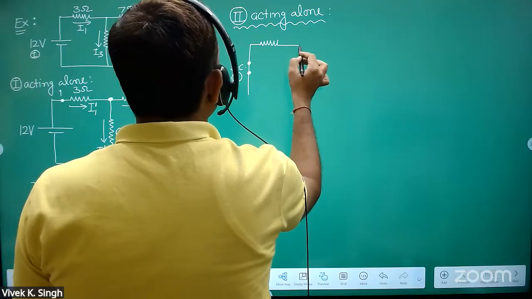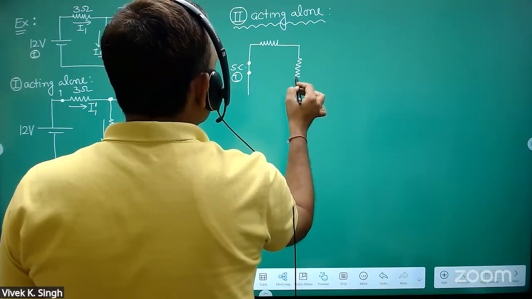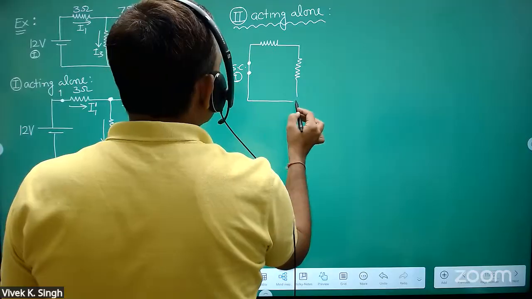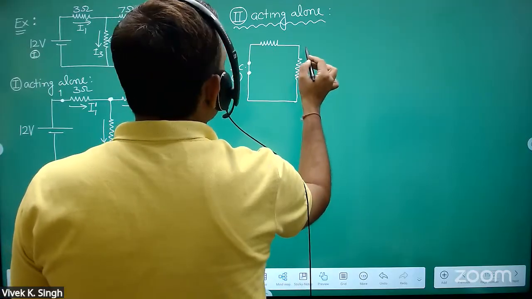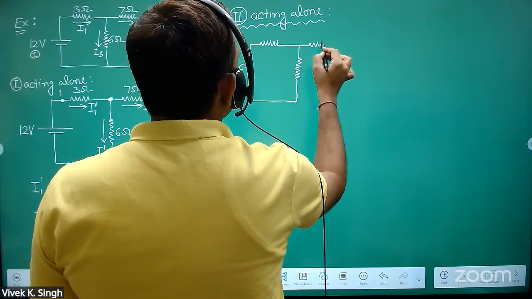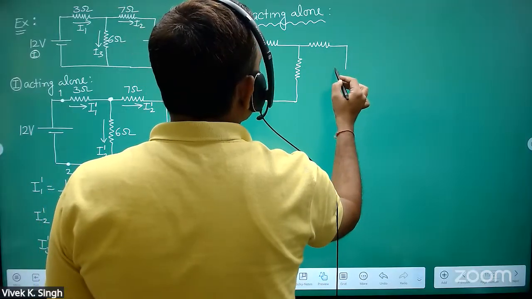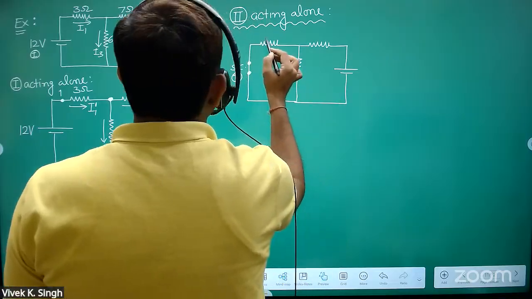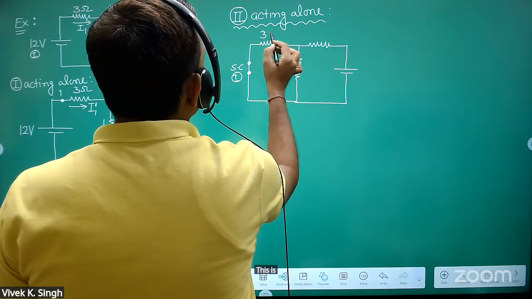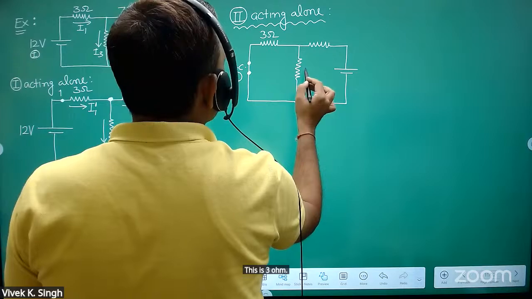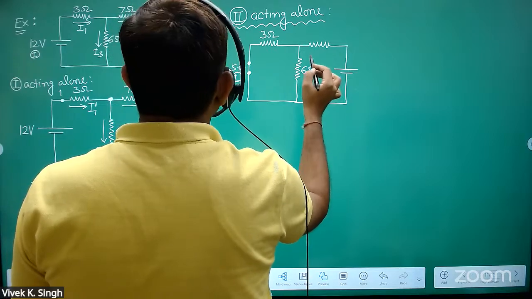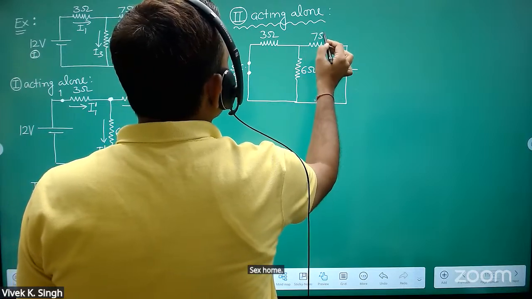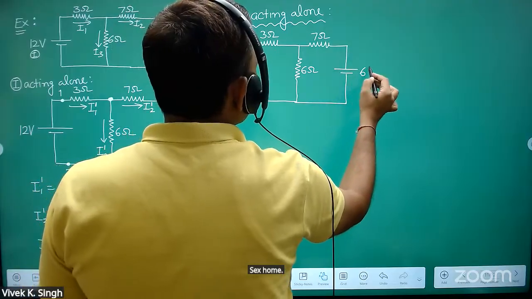Then you have 3 ohm, 6 ohm, then you have 7 ohm. This is 3 ohm, 6 ohm, 7 ohm, and this is 6 volt.